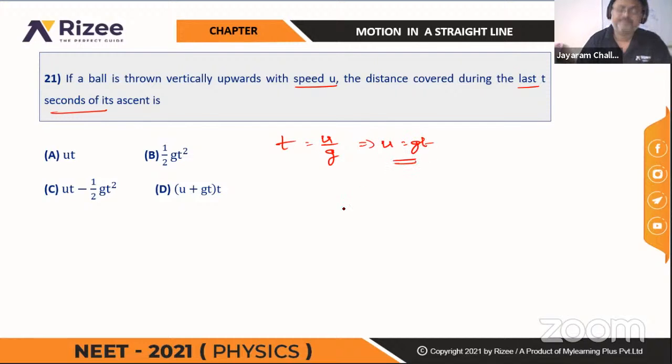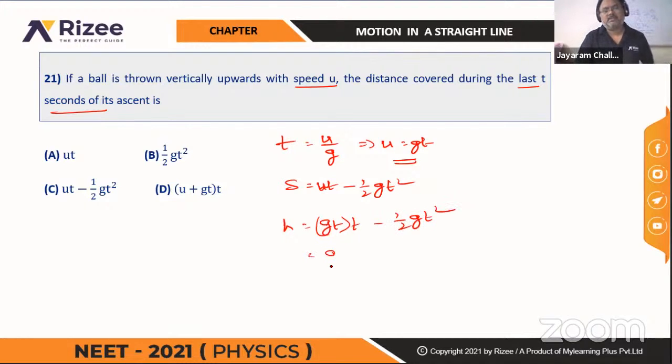Now, since it has been moving in the upward direction, distance covered S is equal to ut minus half gt square, with upwards positive and g negative. So h is equal to, if I put the u value here, gt into t minus half gt square, which is gt square minus half gt square. So 1 minus 1 by 2, it will be half gt square. This is our relationship.